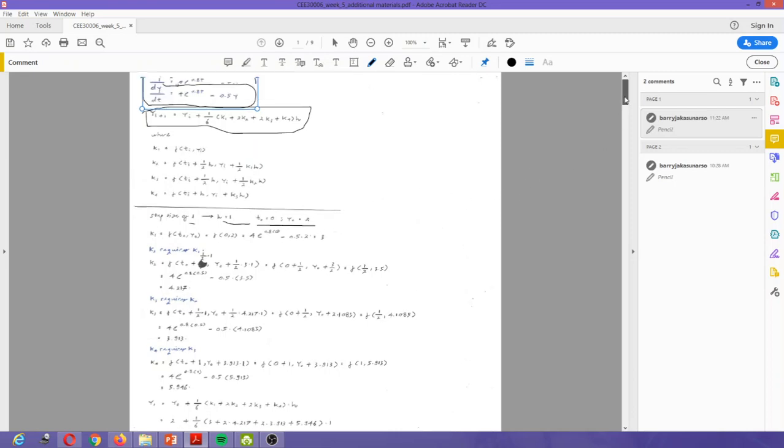So we need to figure out what K1 is. K1 is f of t naught, y naught. You just input your initial conditions to get K1 equal to 3. Then K2 requires K1. So you put t naught plus half multiplied by 1, and y naught plus half multiplied by 3 multiplied by 1.